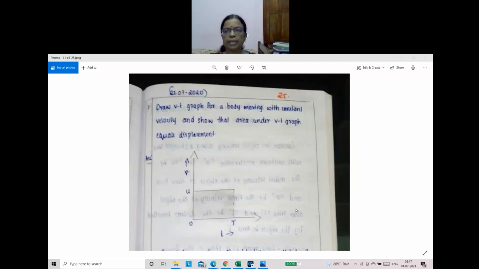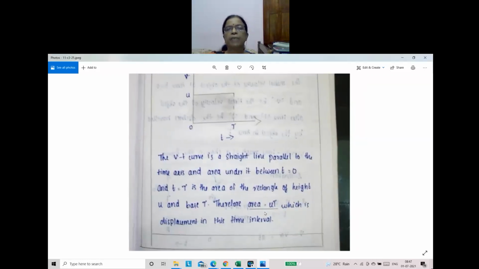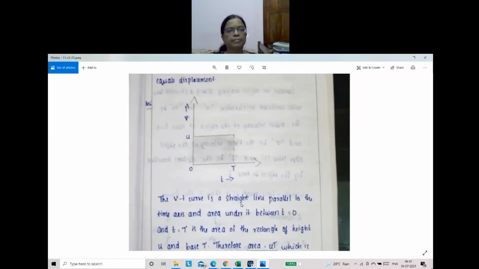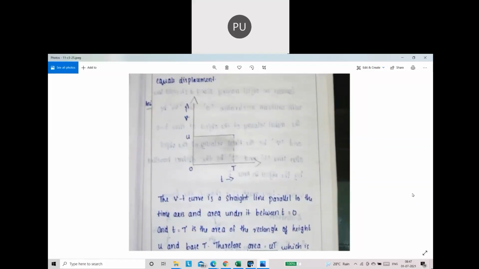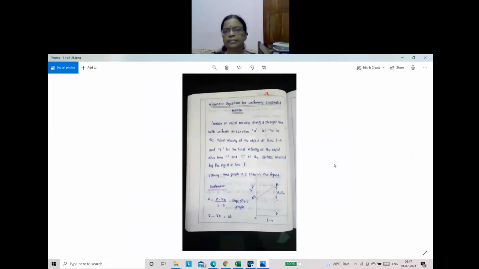Only that you have to show. Therefore, the area is U into T, which is the displacement in this time interval. That is what you have shown here. It is also a 2-mark question. Area under the VT graph gives what, children? Displacement. Very good, displacement.